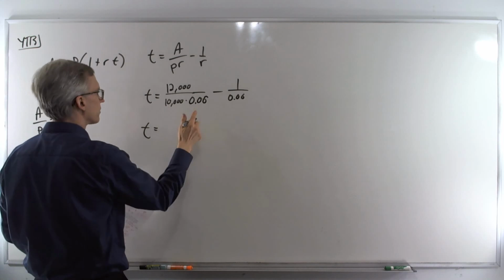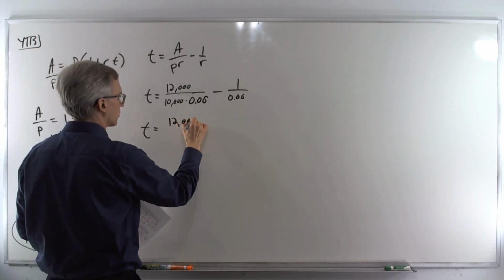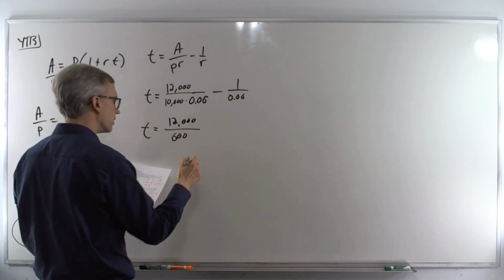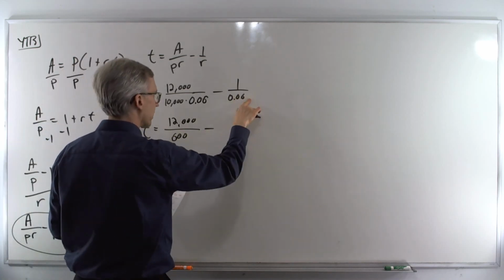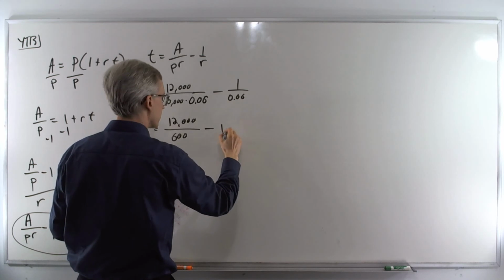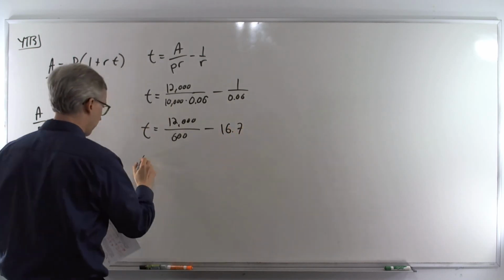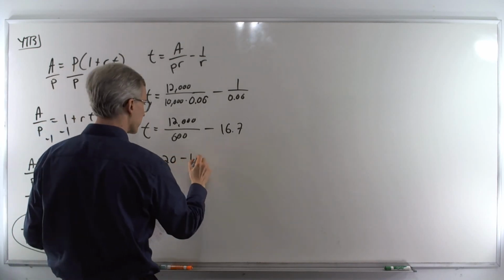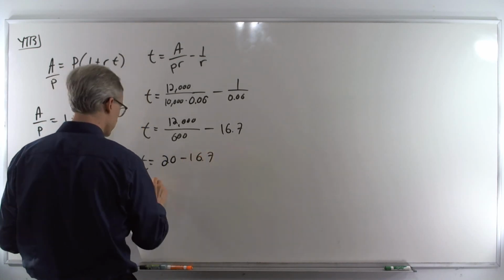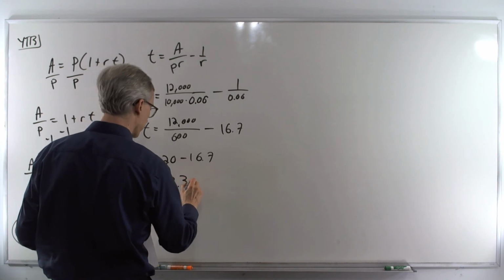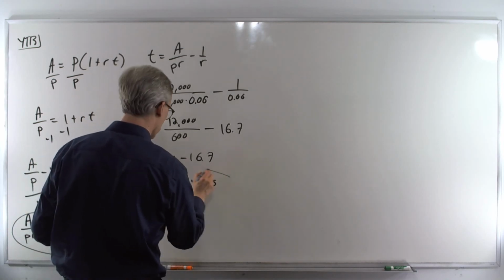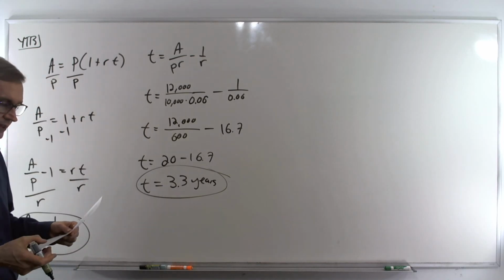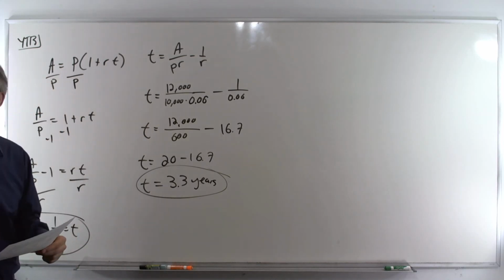By multiplying this out, we get 600 on the bottom, and 1 divided by 0.06 is 16.7. If we divide this out, we get 20. So that's 20 minus 16.7, and T equals 3.3 years. So at 6% interest, 10,000 will grow to be 12,000 in 3.3 years.